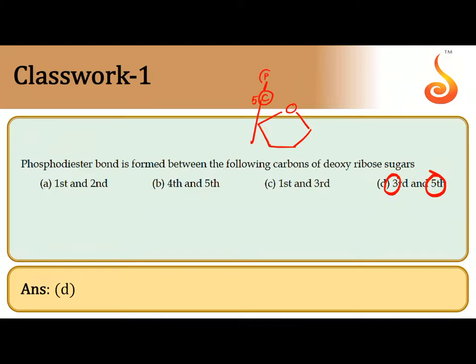The fifth carbon is connected with a phosphate group to the third carbon of the next sugar. So this is the third carbon and this is the fifth carbon. This kind of arrangement is what we see in the case of phosphodiester bond.